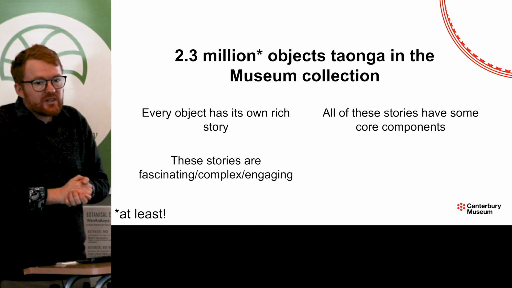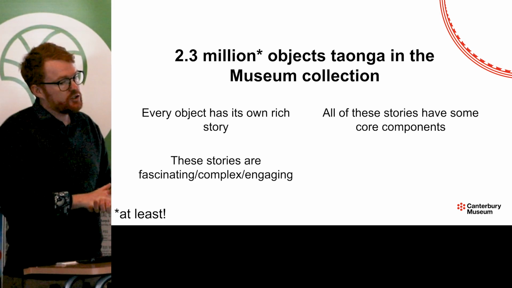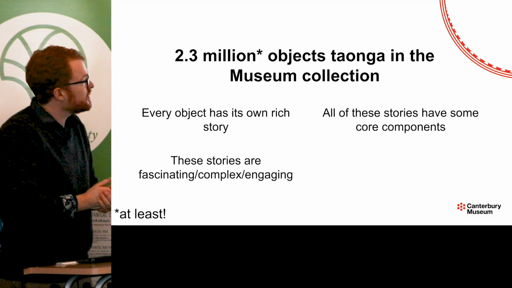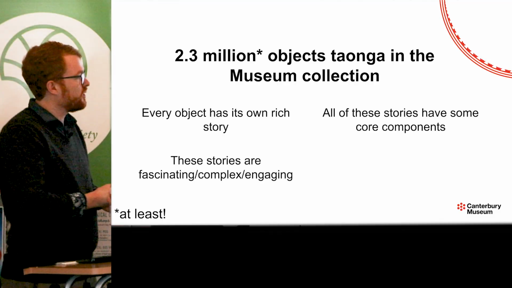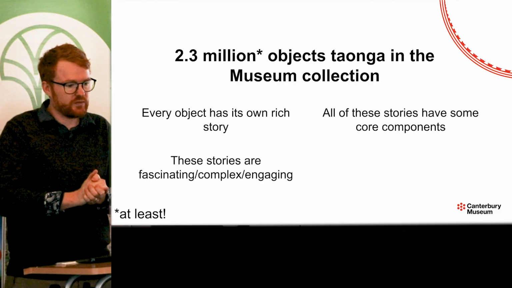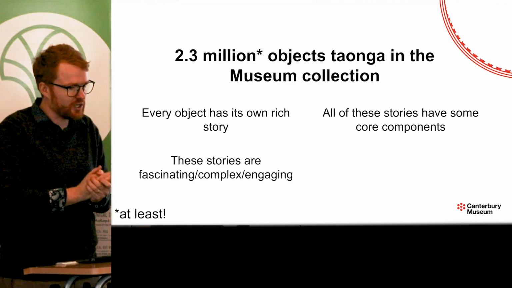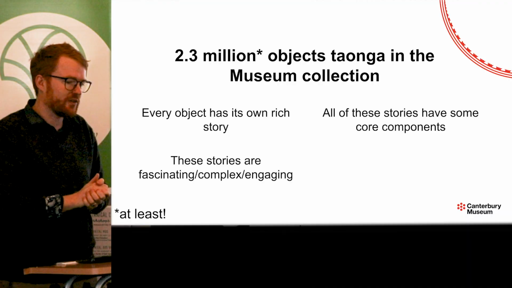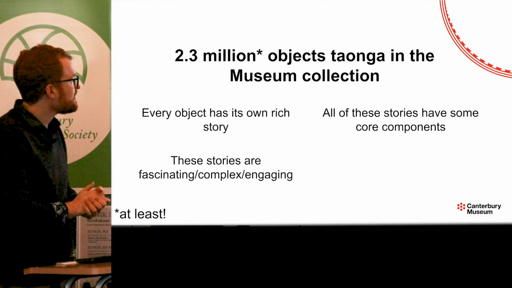So, the museum cares for over 2.3 million collection objects or taonga. I've got an asterisk here because I think we've been using 2.3 for several years and it's probably slowly increased as we've added to the collections over time.